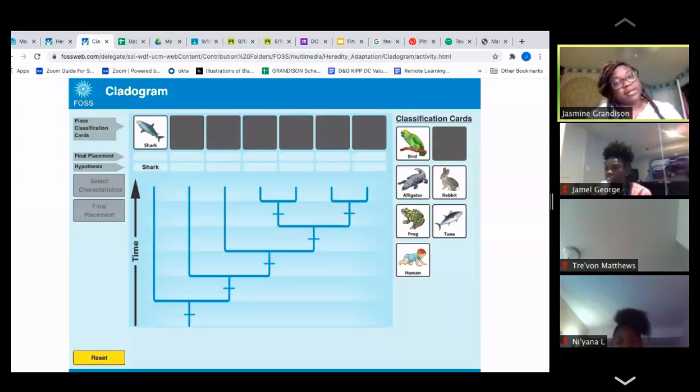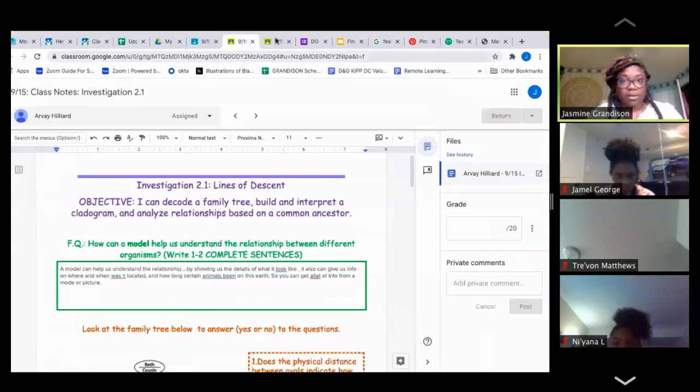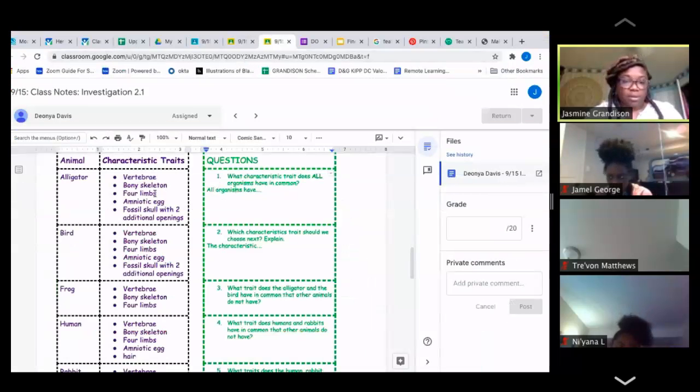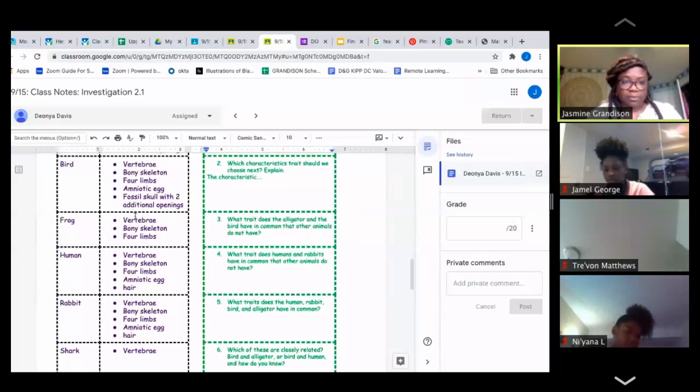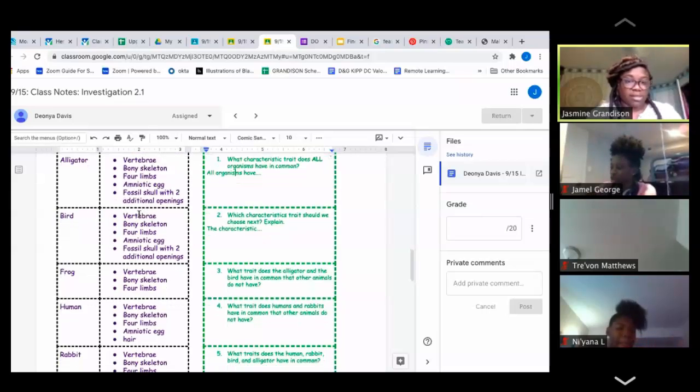I'm getting alligator, so let's look at our notes based upon what we have. Alligator has a vertebrae, bony skeleton, 4 limbs, an egg, a fossil, 2 openings. Let's compare. We have vertebrae, bony skeleton, 4 limbs, an egg, and a fossil. They're the same thing.